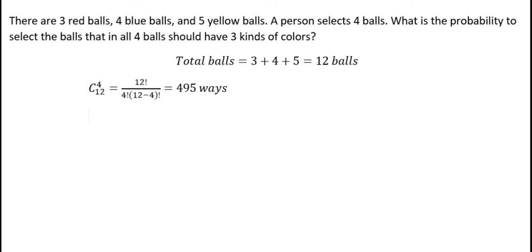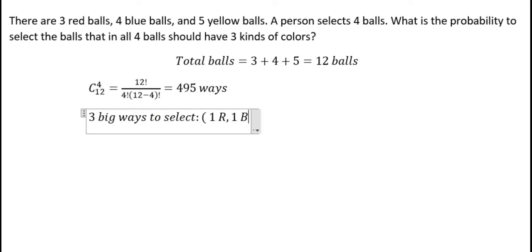And the second step, we know that we need to select 4 bonds and get all kinds of color, that's red, blue and yellow. So we have 3 big ways to select. That's 1 red, 1 blue, 2 yellow.